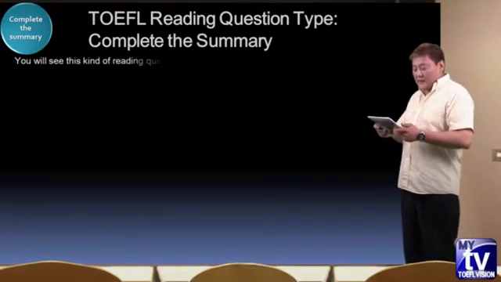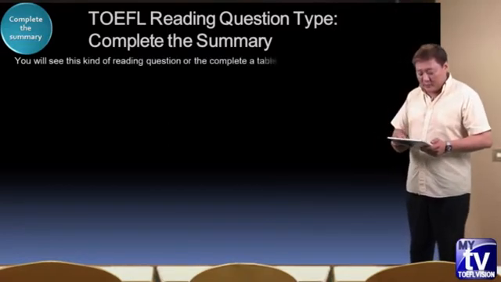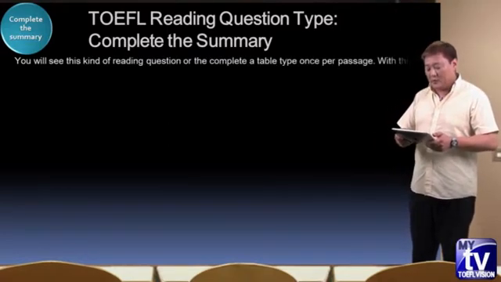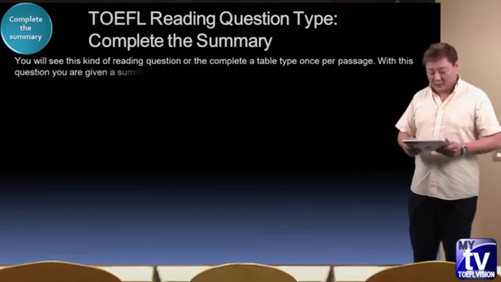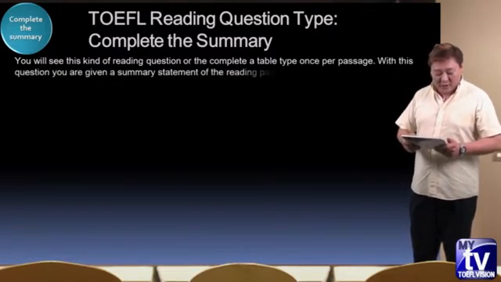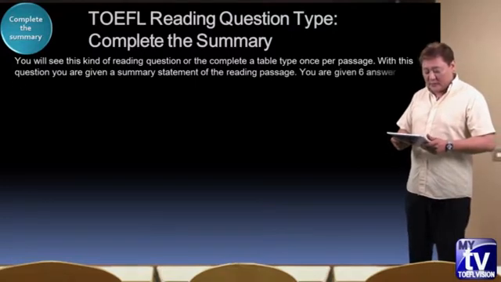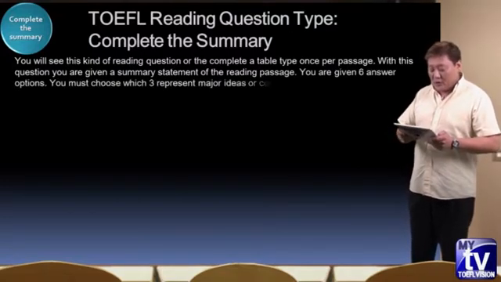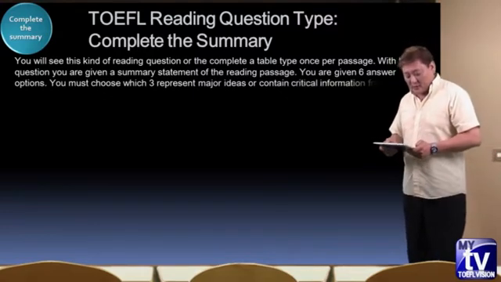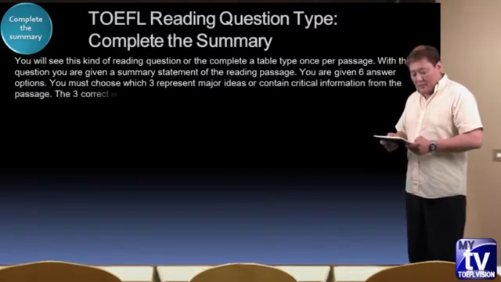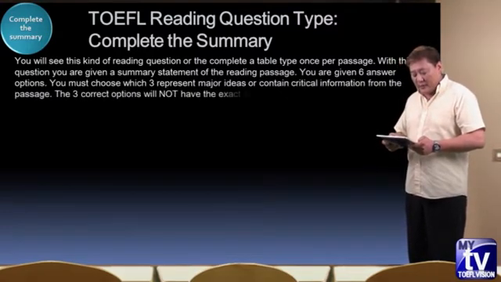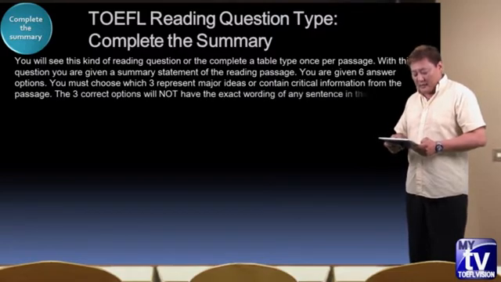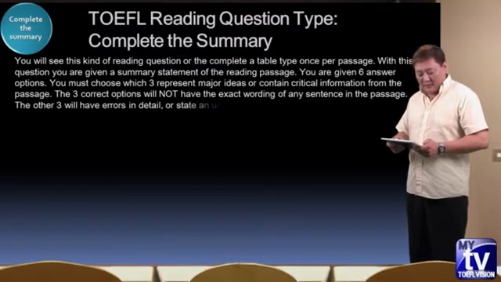You will see this kind of reading question, or the complete a table type, once per every passage. With this question you are given a summary statement of the reading passage. You are given 6 answer options. You must choose which 3 represent a major idea or contain critical information from the passage.